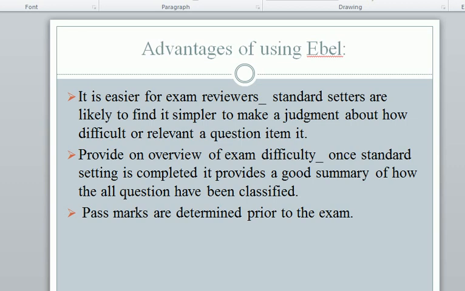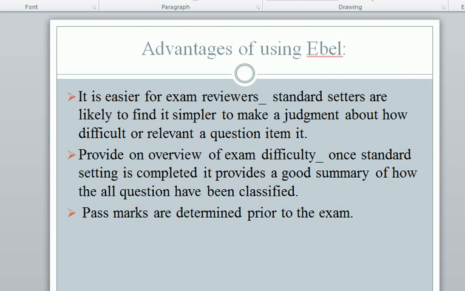Number one, it is easier for exam reviewers. Standard setters are likely to find it simpler to make a judgment about how difficult or relevant a question item is. The second benefit is that it provides an overview of exam difficulty.